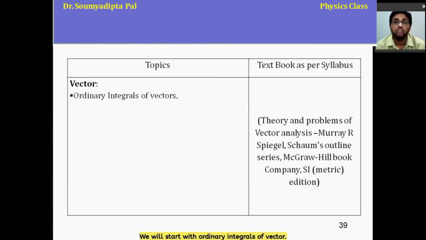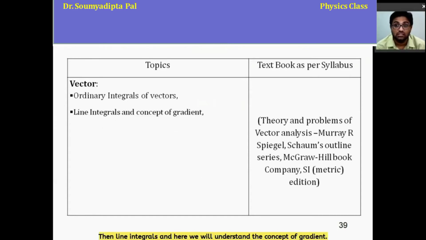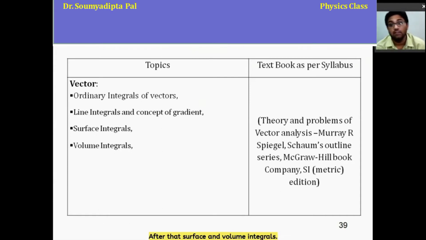First, we will start with ordinary integrals of vector. Then line integrals, and here we will understand the concept of gradient. After that, surface and volume integrals.